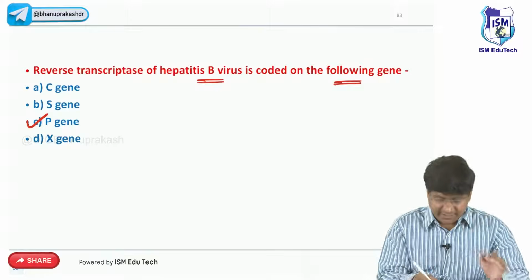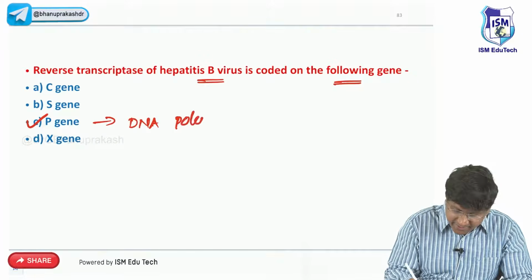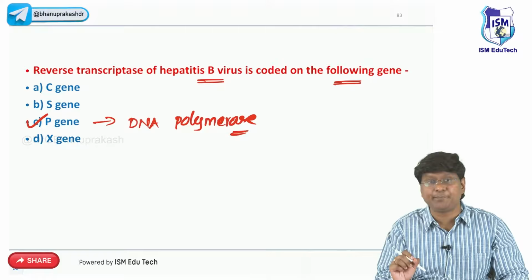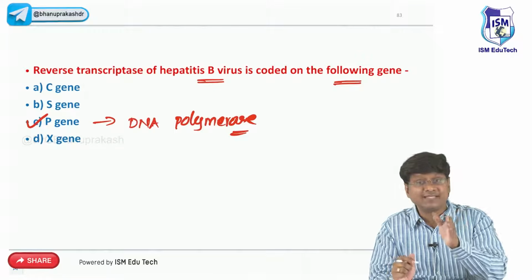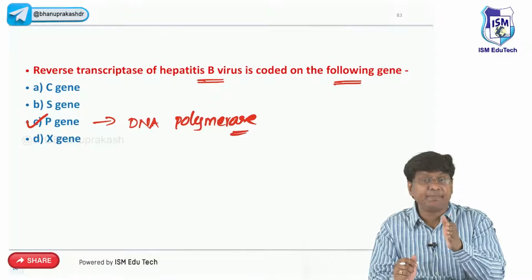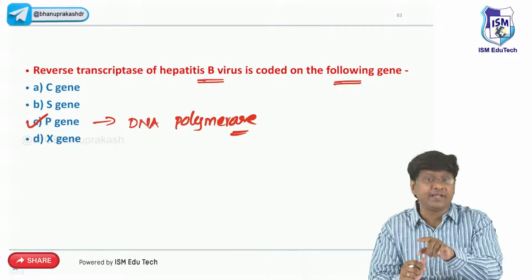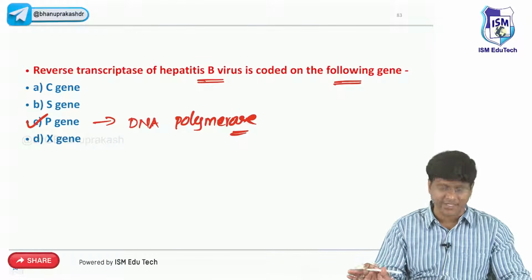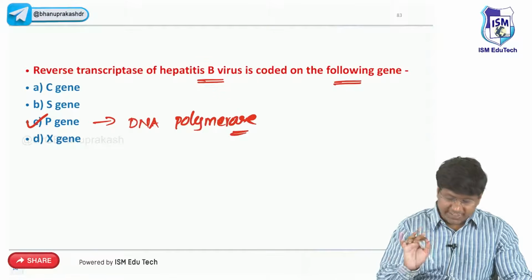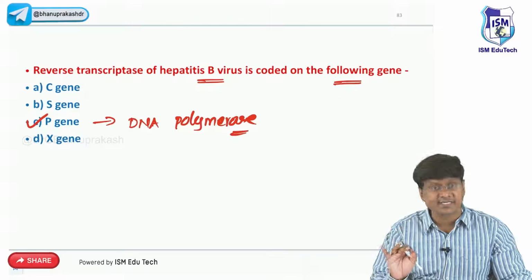This P gene codes for DNA polymerase. The enzyme DNA polymerase has both DNA-dependent DNA polymerase activity and RNA-dependent reverse transcriptase activity. So the reverse transcriptase of the hepatitis B virus is coded on the P gene.